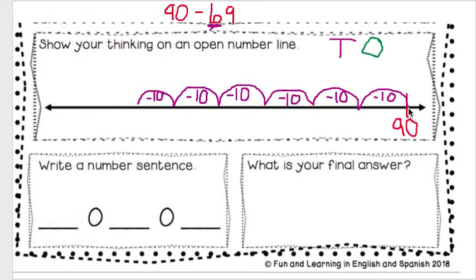All right. So now we count backwards after we make our humps and put minus 10 in each one. We're going to count backwards by 10 and put it at the end of each hump.